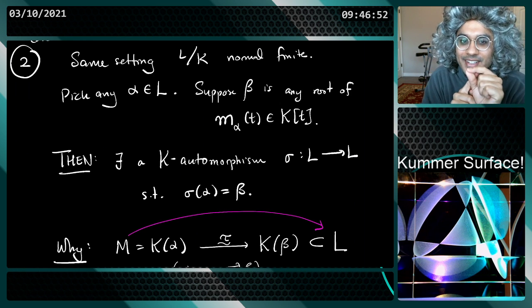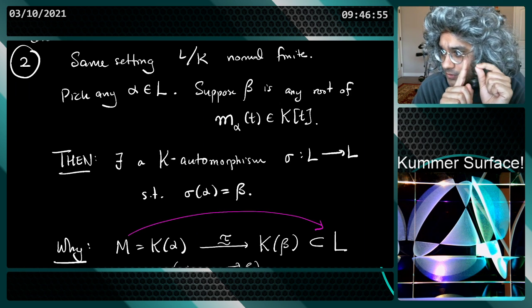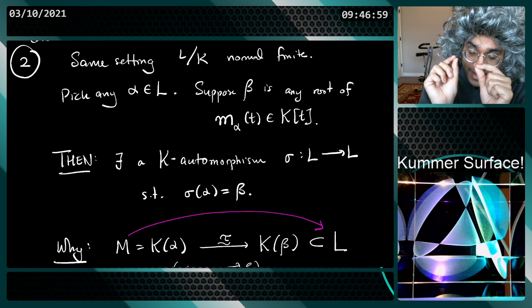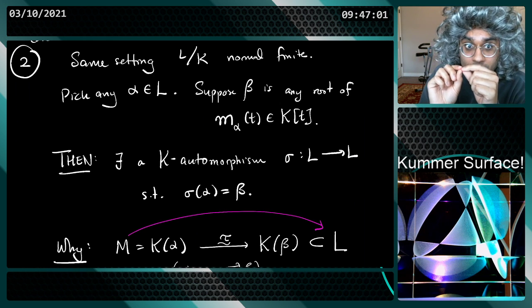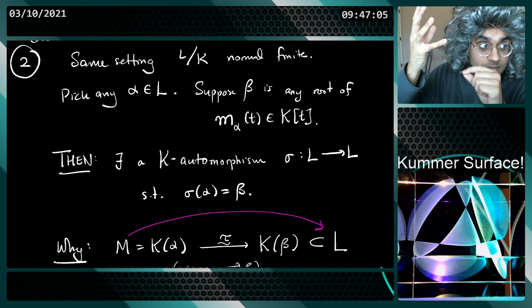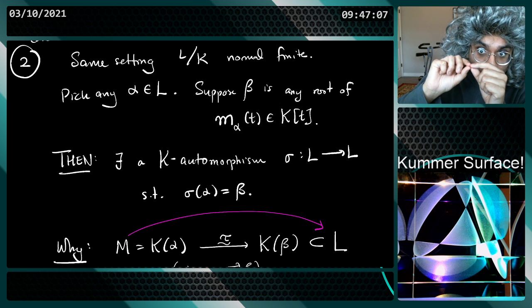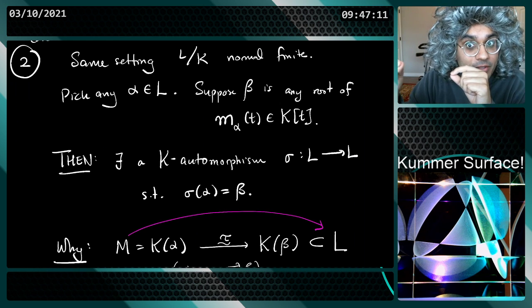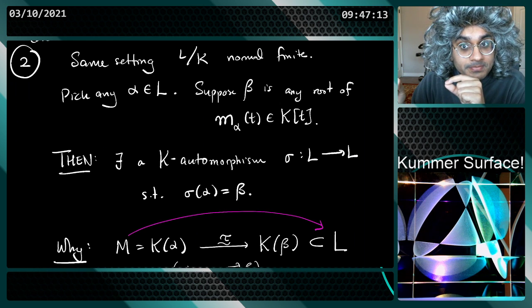Yeah, there exists. Okay? Now, in a normal extension, you can always guarantee that there is some automorphism that sends one element to any one of the other sister elements.